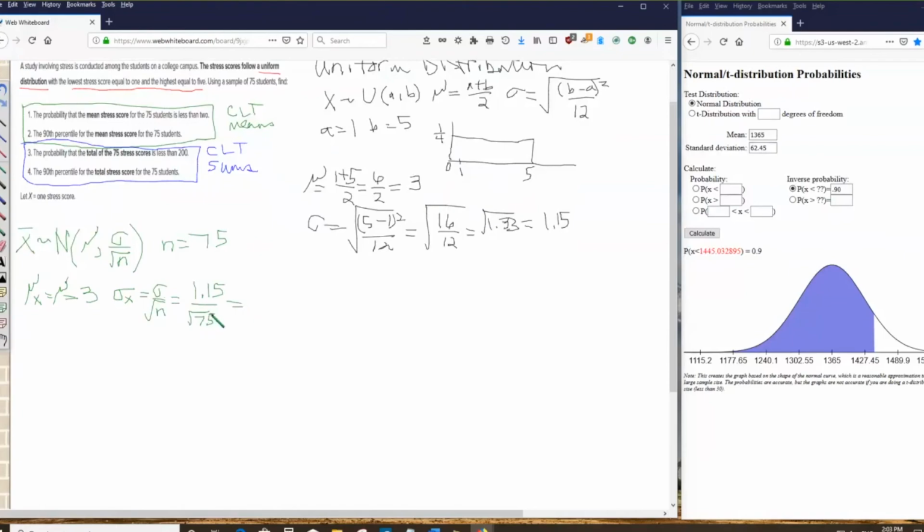And since the square root of 75 isn't an easy number, I'm going to go back to where I have the square of 1.15, and make that 1.33 over 75, which gives me the square root of 0.0177, which equals 0.133 as my standard deviation. Okay, any questions about what I just did here, why I changed this?